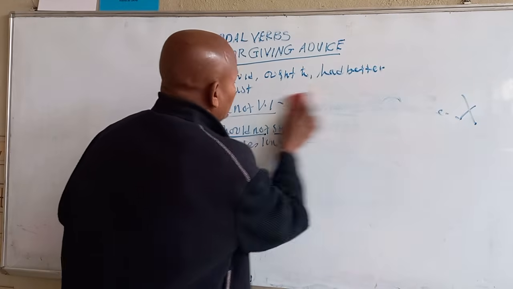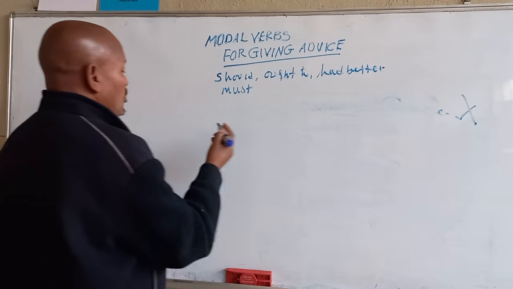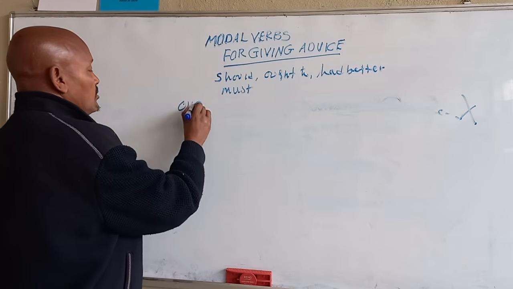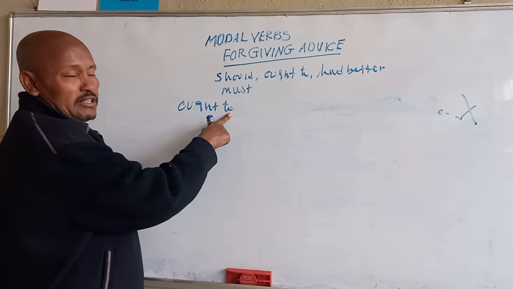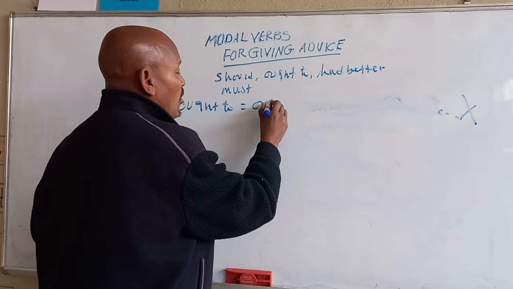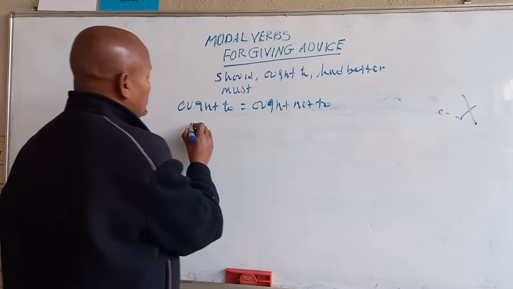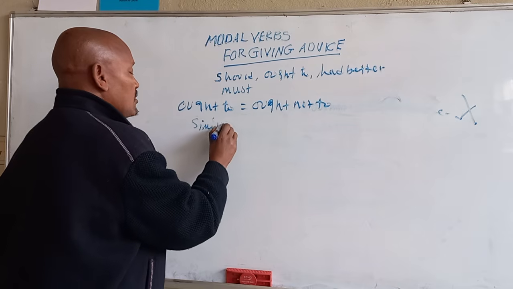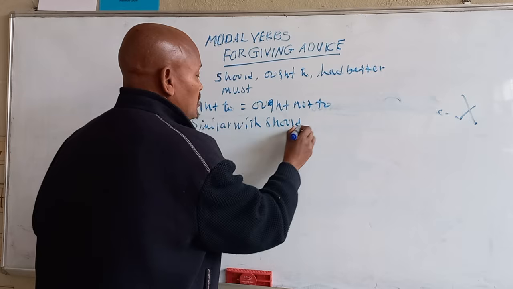The other part is ought to. Look, ought to is a modal verb with infinitives, all right? Its negative form is ought not to, which has a similar meaning to should, but should is without to.